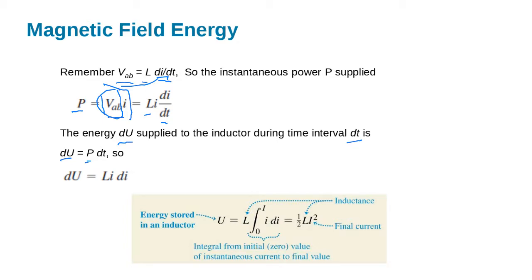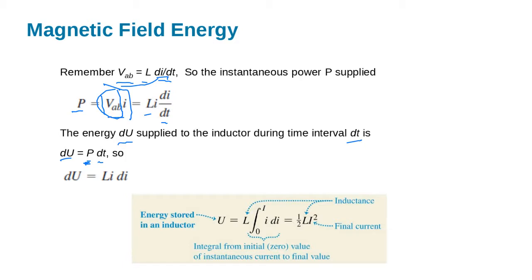So we've just got this tiny slice of time dt, and because it's just some tiny slice of time, the power will be constant over that slice, even though over time the power supplied to it is changing. So we know that the power is L i di/dt.